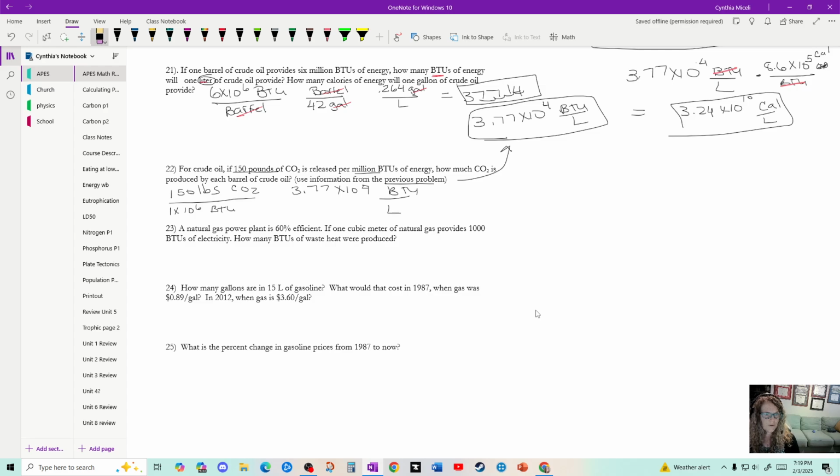Okay, and then our BTUs cancel out, and that's going to give us carbon per barrel, because this is per barrel up here, of crude oil per liter.